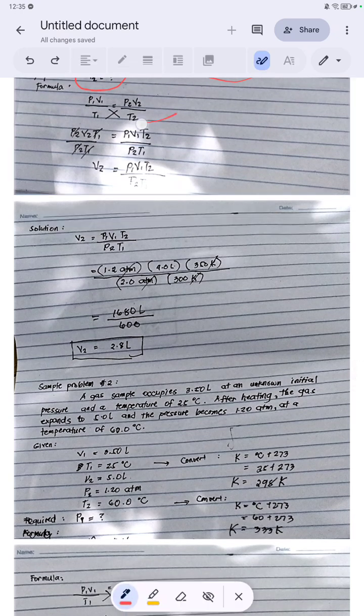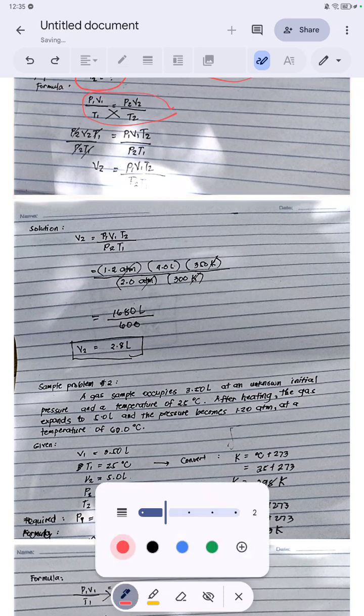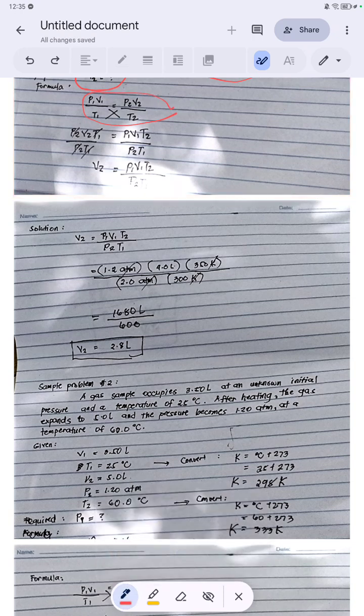Since we are looking for V2, of course, you need to derive the formula first. If you don't derive it, you cannot solve it. How do we derive? Cross multiply, then cancel.